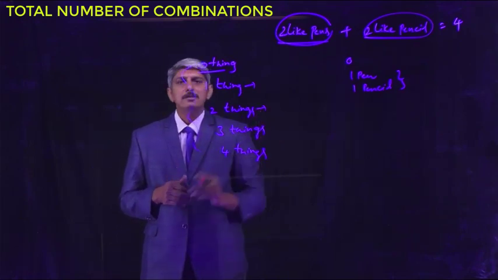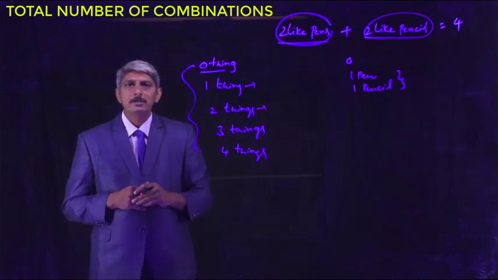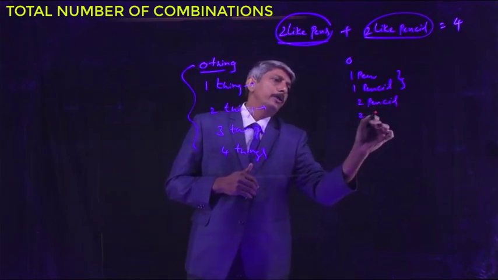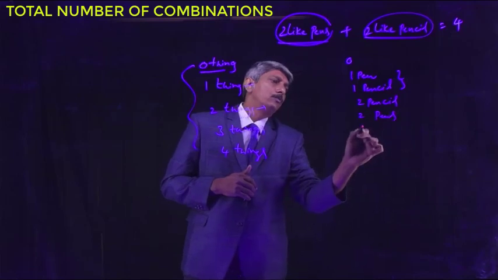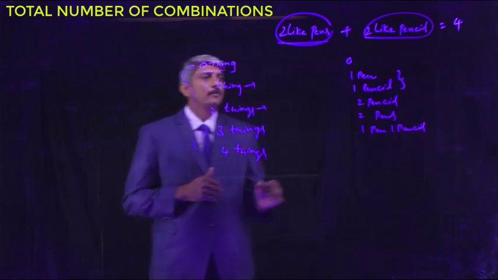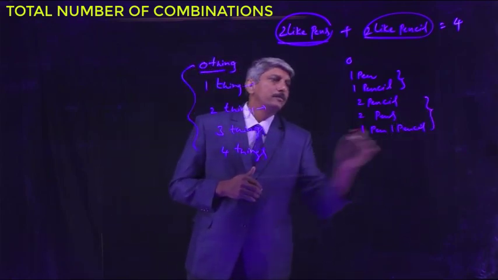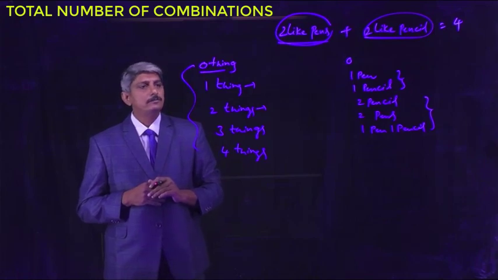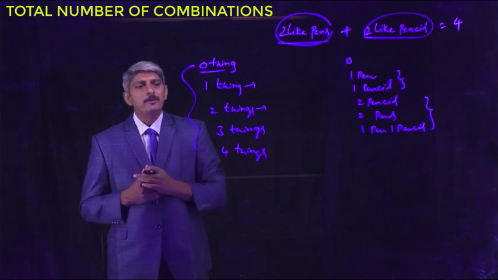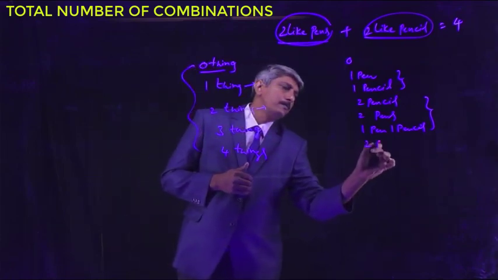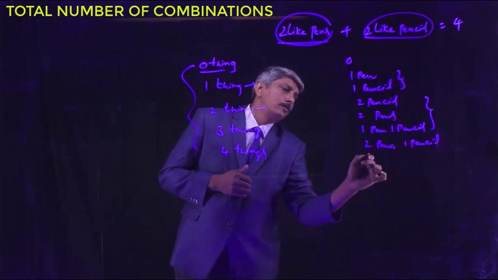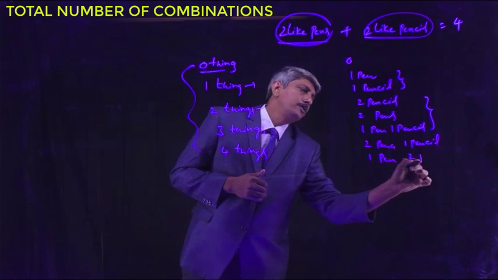What are the possibilities for 2 things? 2 things means 2 pencils, 2 pens, or 1 pen and 1 pencil. Listen carefully. How many cases arise? 3 things means what possibilities? 2 pens and 1 pencil, or 1 pen and 2 pencils.